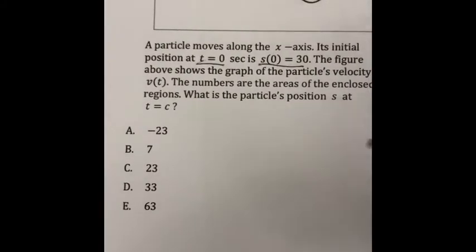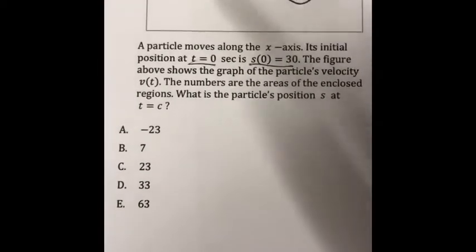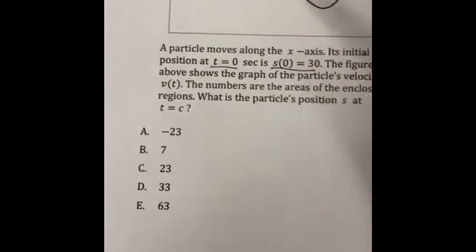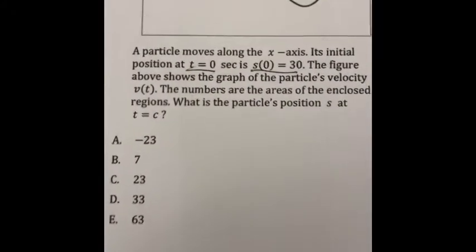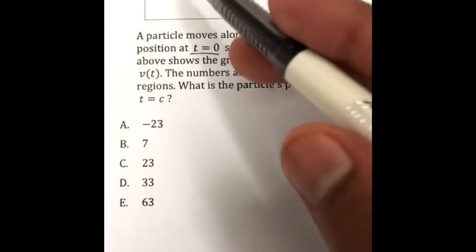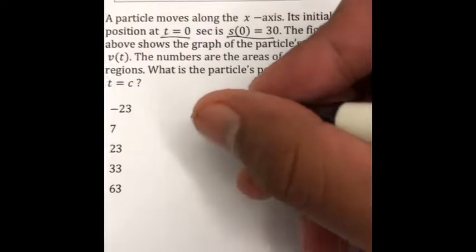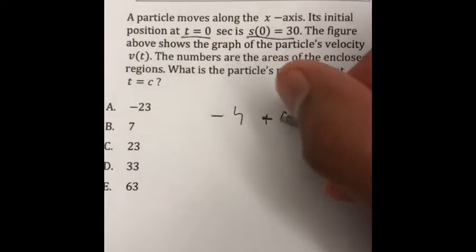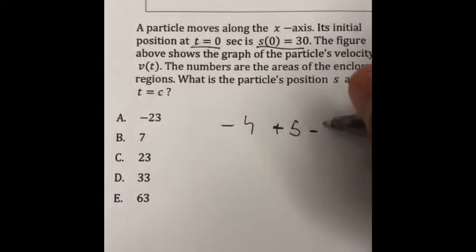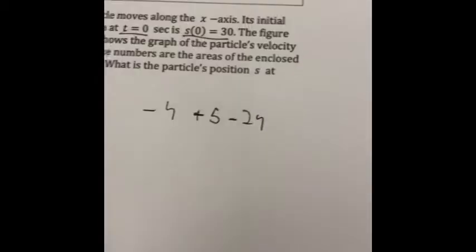The displacement is the area under the graph. If it is above the x-axis, we add, and below the x-axis we subtract. So let's start here: -4 plus 5 minus 24, which gives us -23.